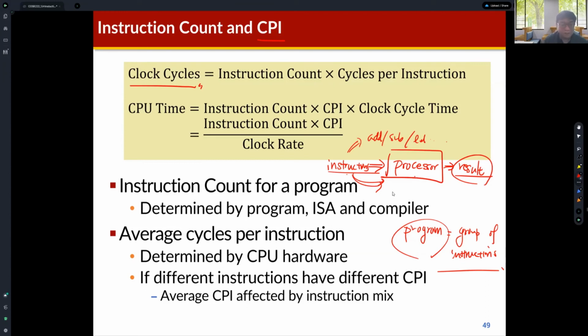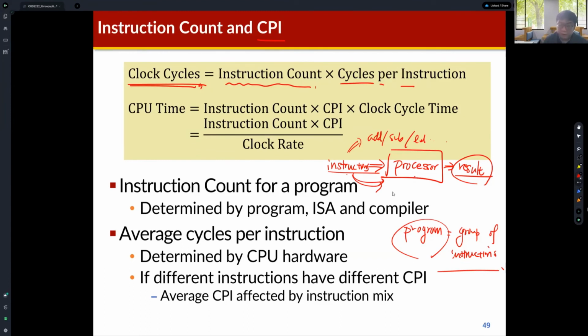Counting the number of instructions is called instruction count. And then how can we calculate the clock cycles? If we know the average number of cycles per instruction.